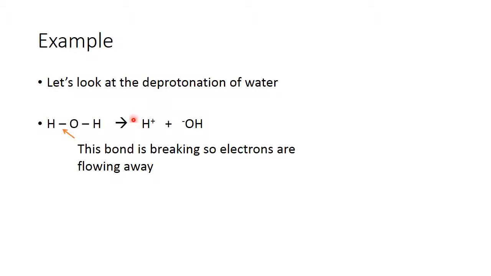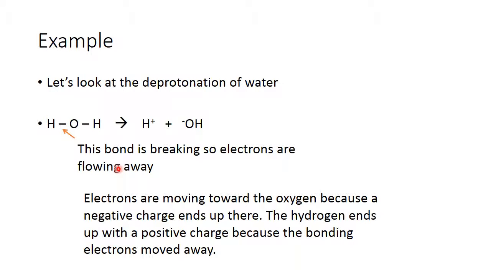So what actually happens here? You can see the hydrogen becomes a proton, so it's more positive. The oxygen's becoming negative. So you ask yourself, which way are the electrons flowing? The electrons are going out of the bond and onto the oxygen as a non-bonding pair.